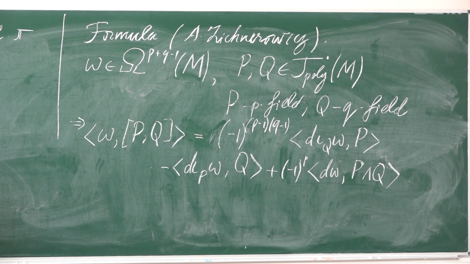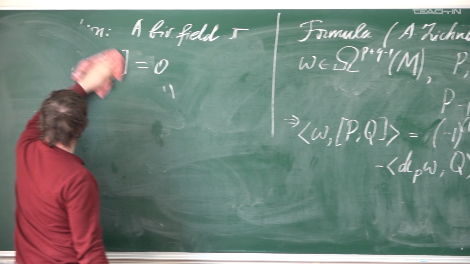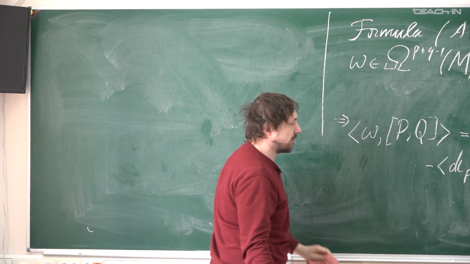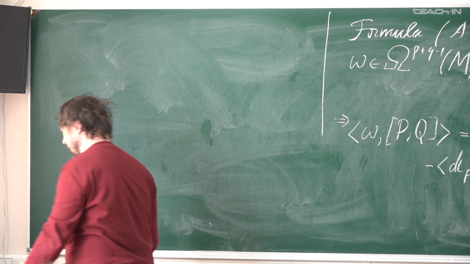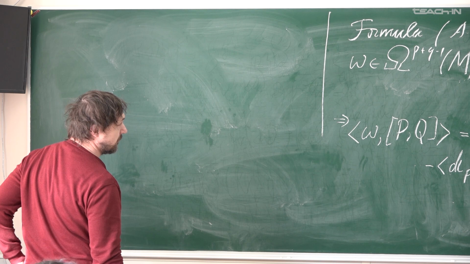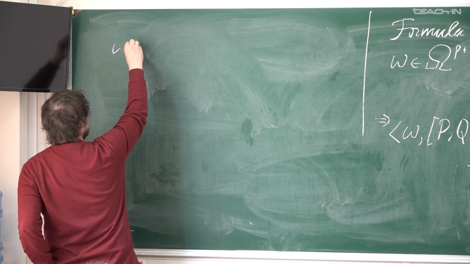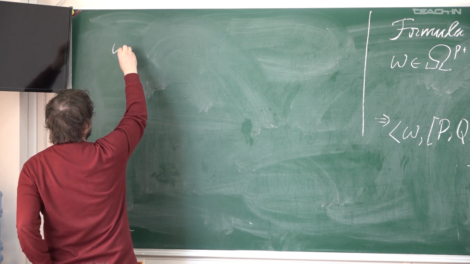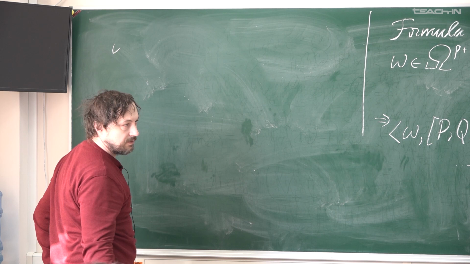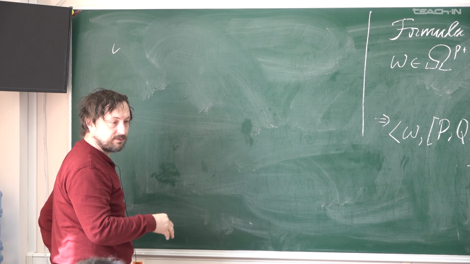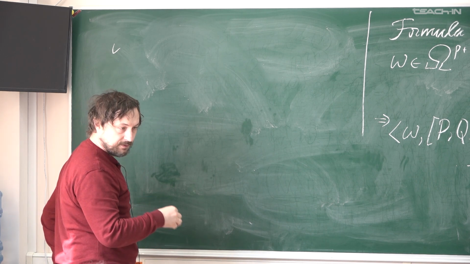So I think I need to say a few words about how this formula can be proved before I proceed. Let me sketch some major steps in the proof. First of all, I think it is very useful to extend the notion of contraction of differential forms with vector fields to contraction of differential forms with polyvector fields.